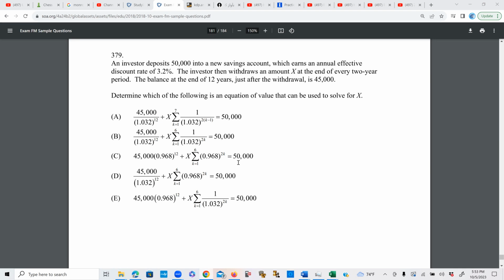So most probably the values have been evaluated at time zero. This can also be determined from the 50,000, because it was deposited today and is being left untouched. That indicates that both the left and right sides are values at time zero.